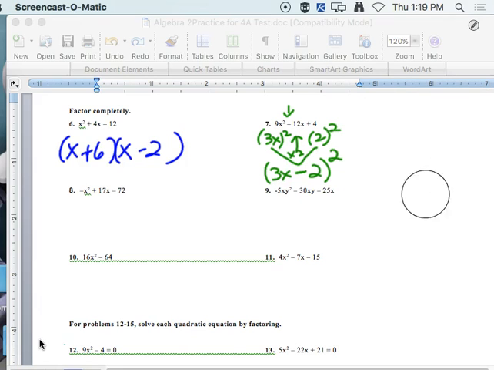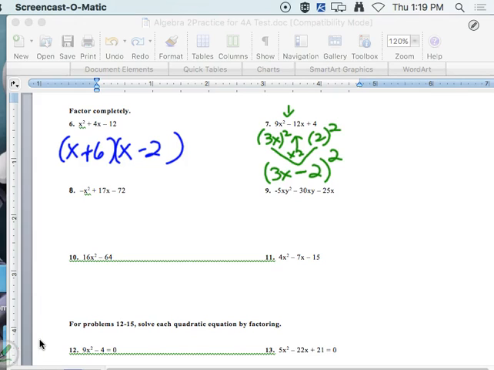You already wasted enough time, so we want to make sure that you're using that time efficiently. Just write down that 3x minus 2 squared, because 3x minus 2 times the quantity 3x minus 2 is 3x minus 2 squared. Again, if you're always looking for the greatest common monomial factor first, then checking for perfect squares, and then going to good old-fashioned factoring, you'll be okay.